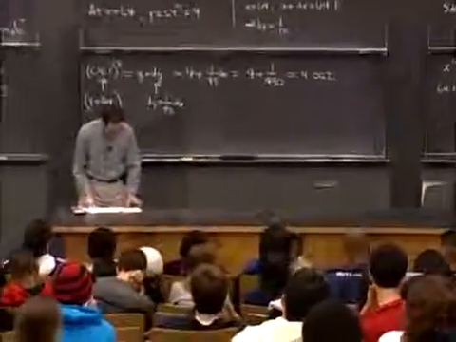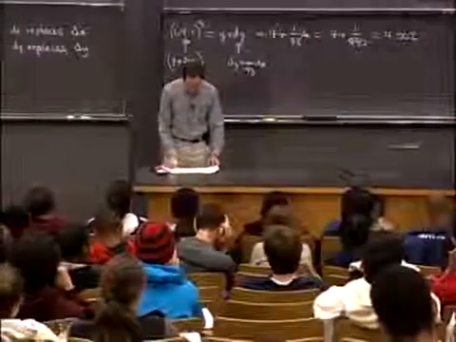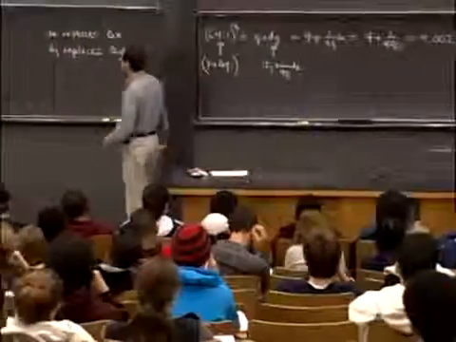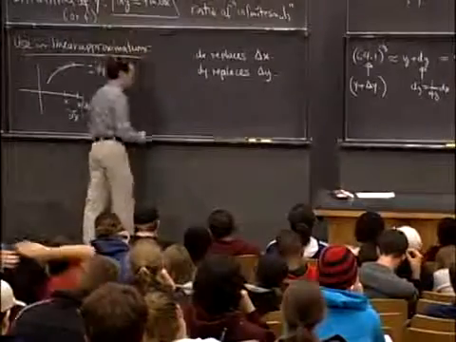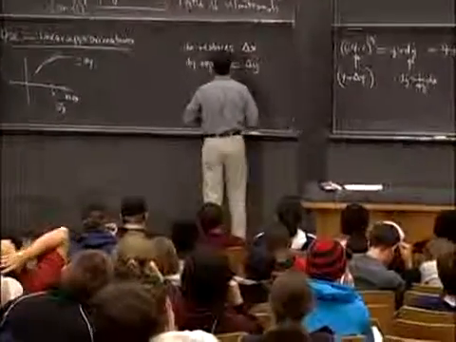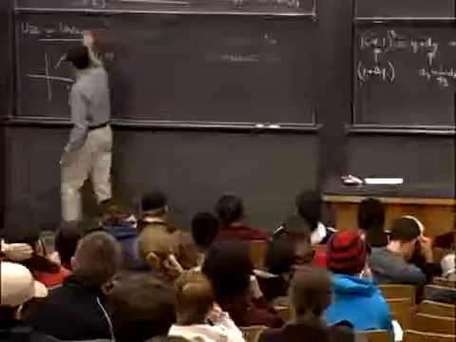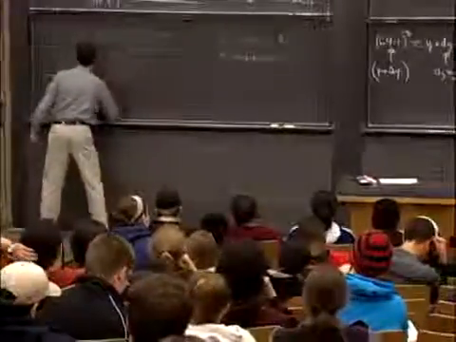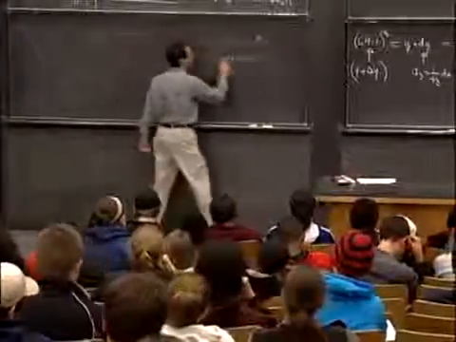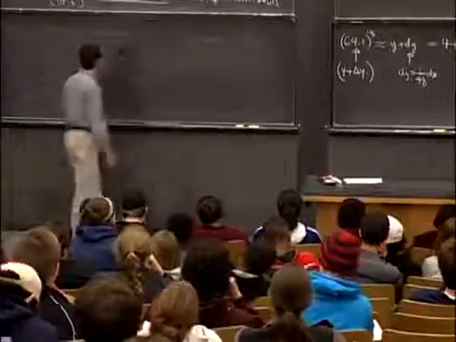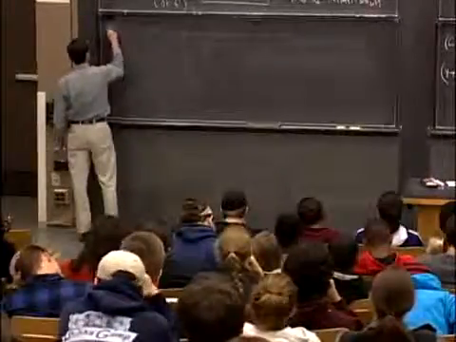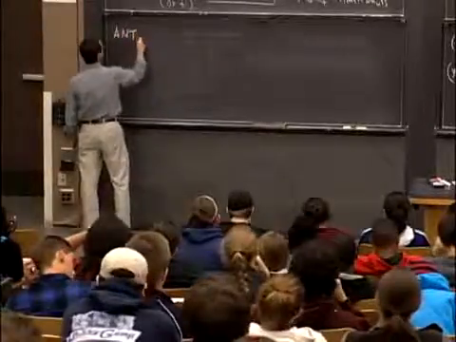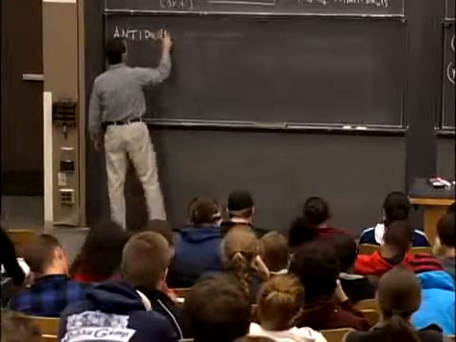Well, now I get to use this notation in a novel way. Here's this notation of differential. The way I'm going to use it is in discussing something called antiderivatives.